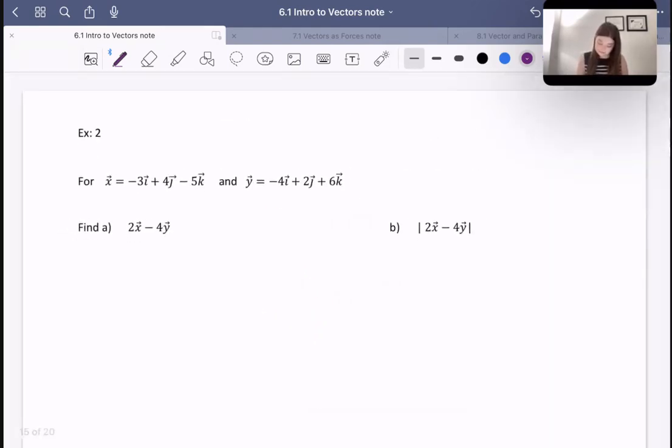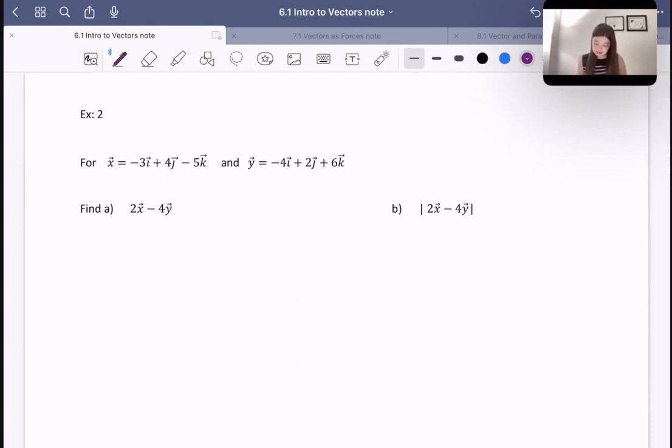Okay, now let's try this example here where they give us some other values and we need to do a distribution, and then we need to find the magnitude of that as well. So let's do it.